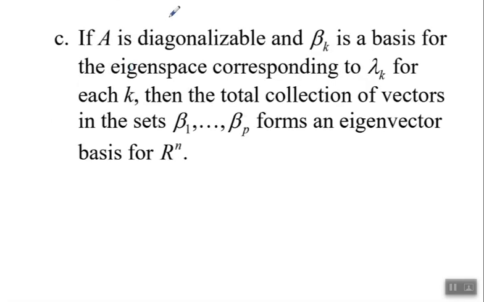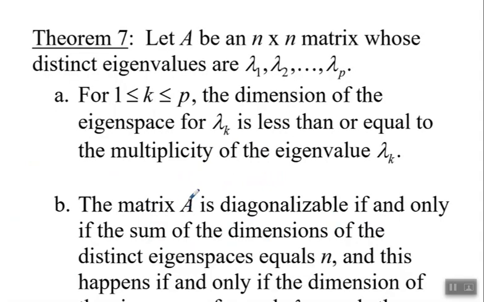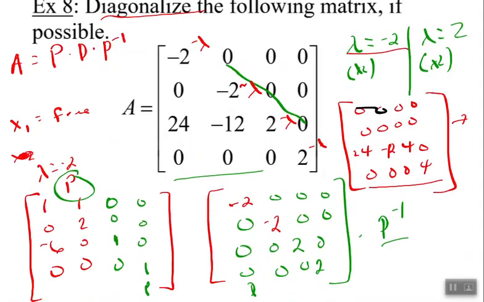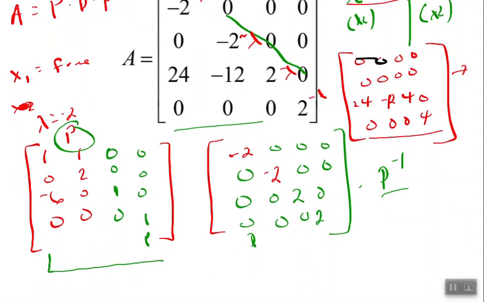Okay? If A is diagonalizable, and we have a basis for the eigenspace that corresponds to each eigenvalue, the total collection of those vectors forms an eigenvector basis for R^n. So basically, what this is all talking about, as I understand it, is P. P is formed up of those bases. And so if we go back and look at P on that other one, these are still going to be, as we kind of know, independent vectors, right?